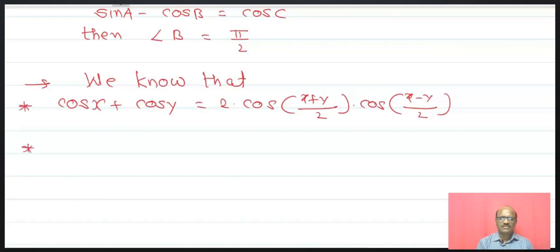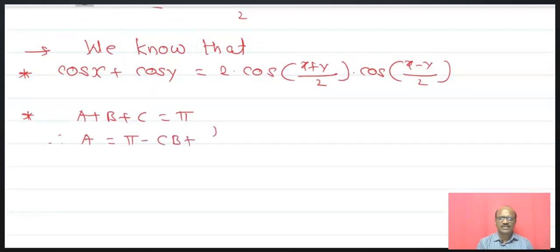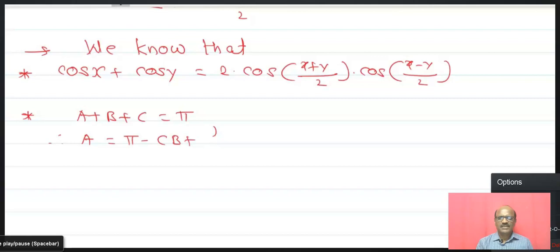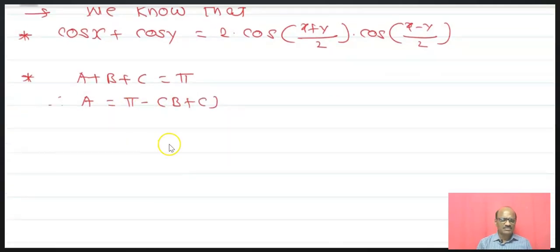Therefore, a plus b plus c is equal to pi. These are the angles of the triangle. The sum of the measures of all angles of a triangle is 180, and that's why a is equal to pi minus (b plus c).